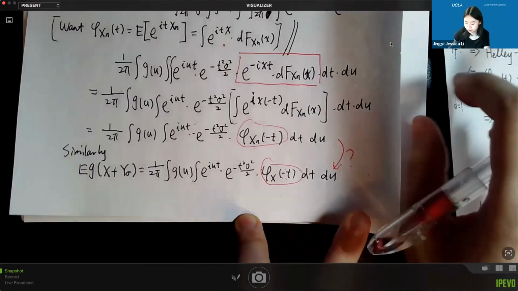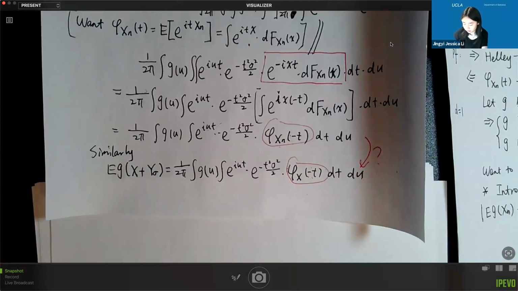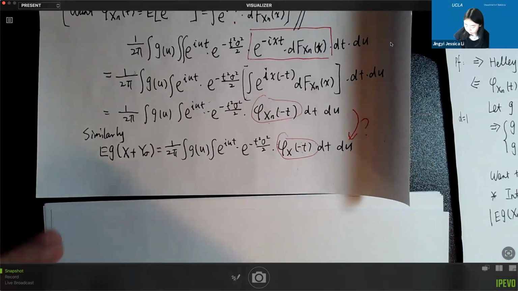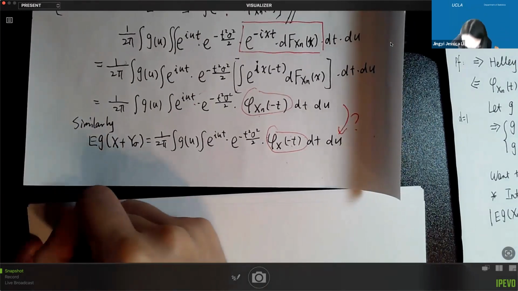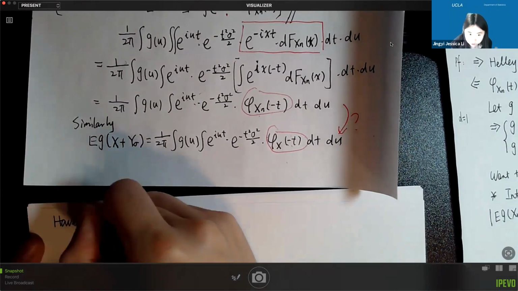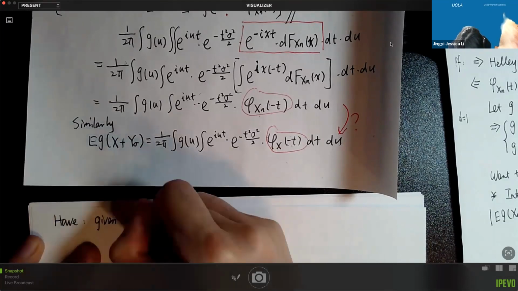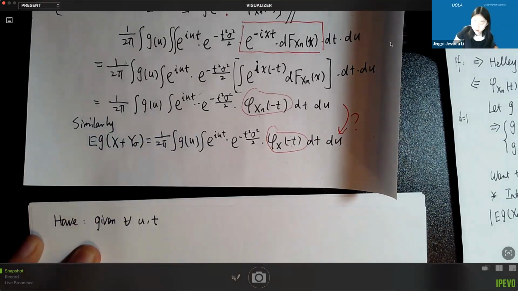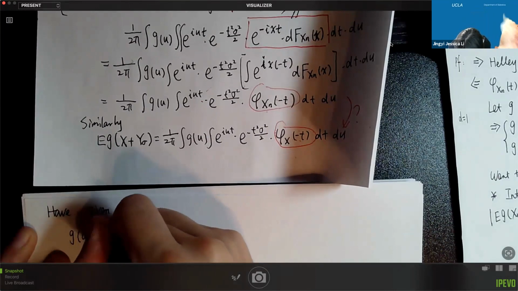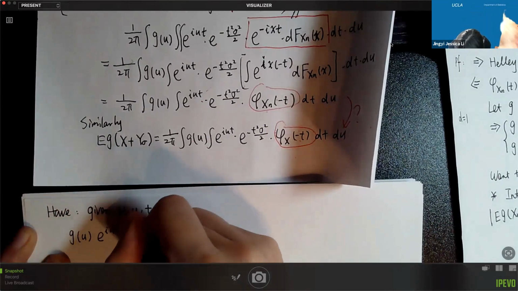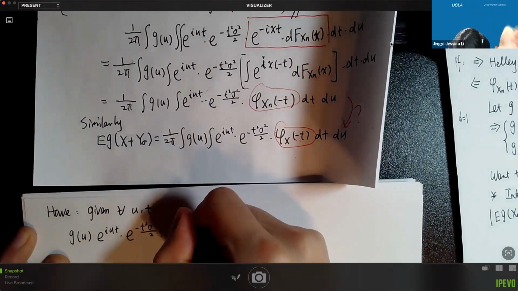Maybe I can write it down. Hopefully that's clear. So you see, here we have this function g of u, given any u and t. We have g(u) times e^(iut) times e^(-t²σ²/2) times phi_Xn(-t).